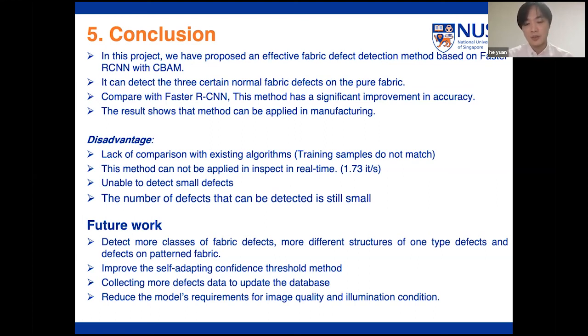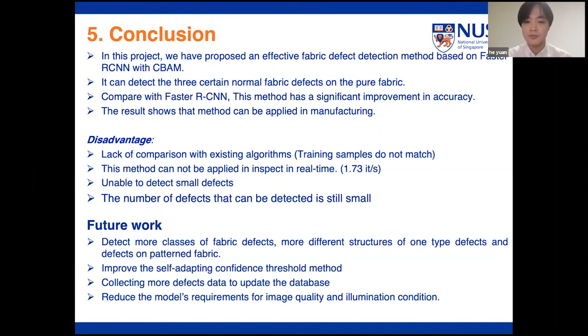And the second important thing is we need to reduce the model's requirements for the image quality and the illumination conditions, because in the fabric manufacturing process, we cannot always supply a very perfect image.